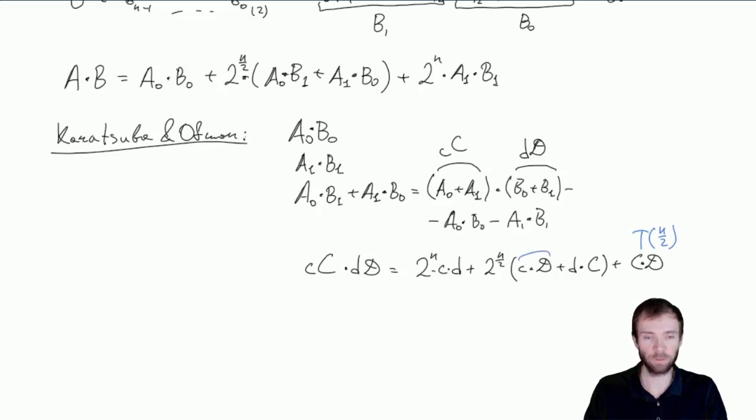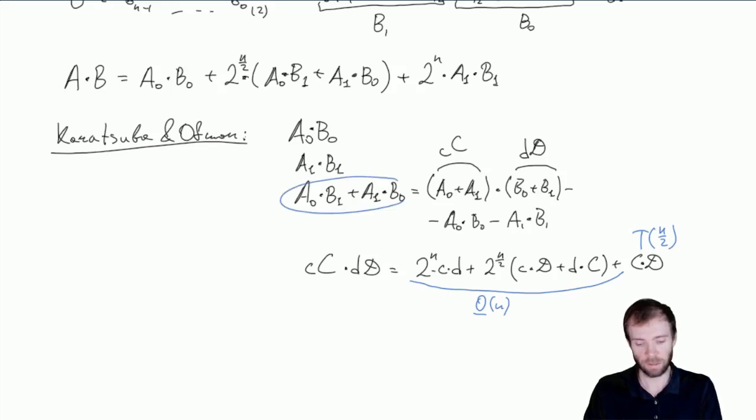Now this is a product of a single bit by a number. This is also a product of a single bit by a number. This is just padding. This is 1 bit padded properly. We have addition here. So everything that we have here is doable in big O of n time.